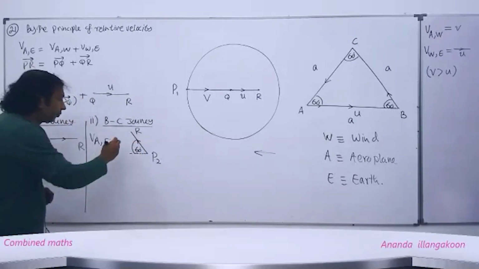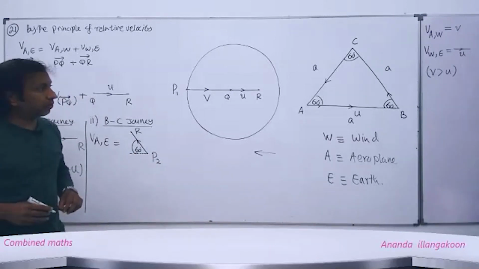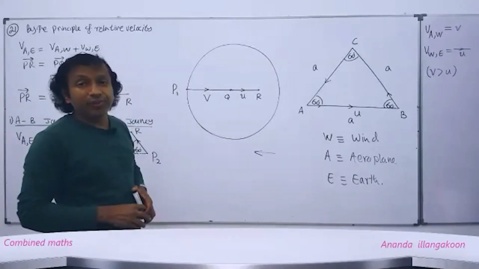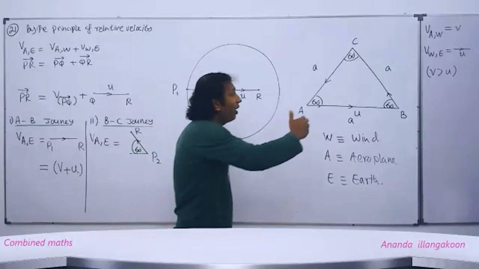P2R. P2R. Can somebody tell me how to find point P2? People, through the point R, draw a line parallel to this BC.